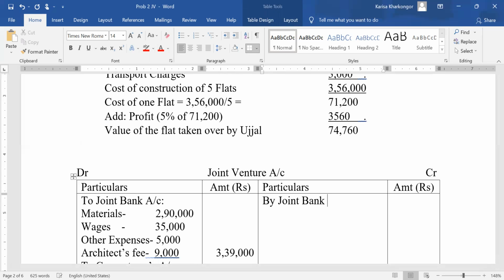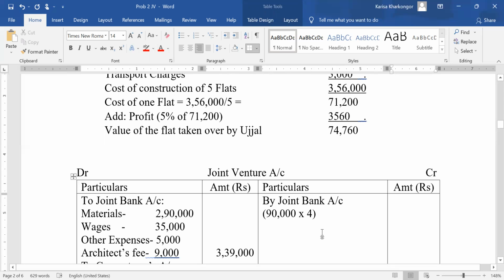By joint bank account, the contract price was 90,000 into 4. So the contract price of 4 flats will be 90,000 into 4, which will come to 3,60,000.